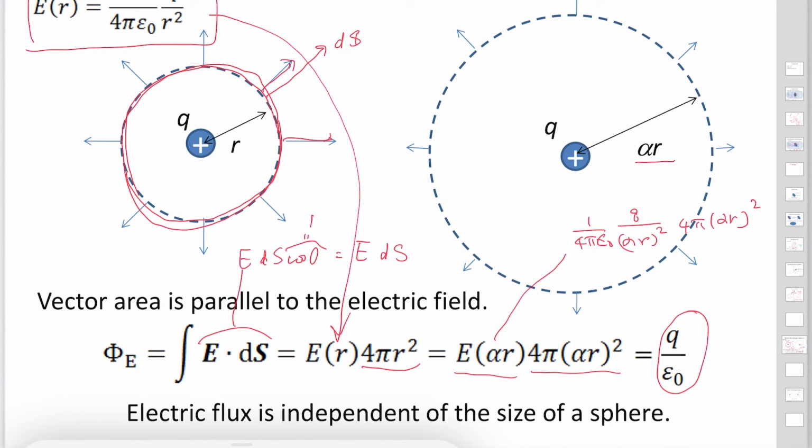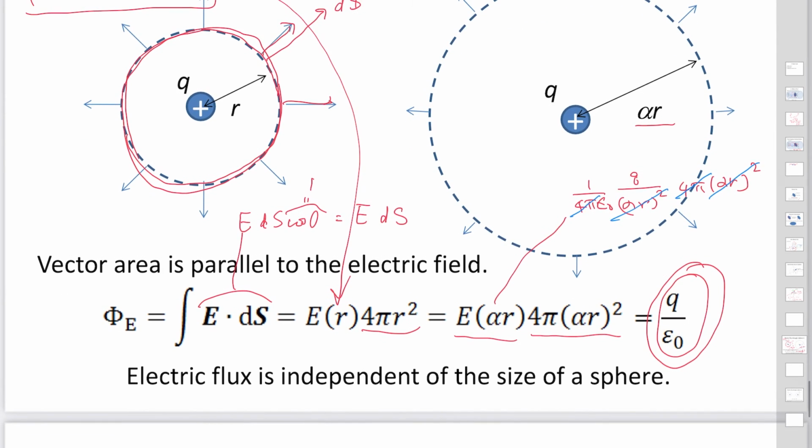You can find that the 4 pi is cancelled out, and alpha r squared is cancelled out. Then again, you have the same expression, Q over epsilon naught. So the electric flux is independent of the size of the sphere.